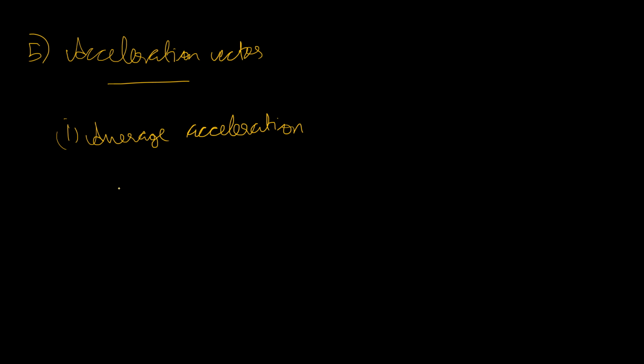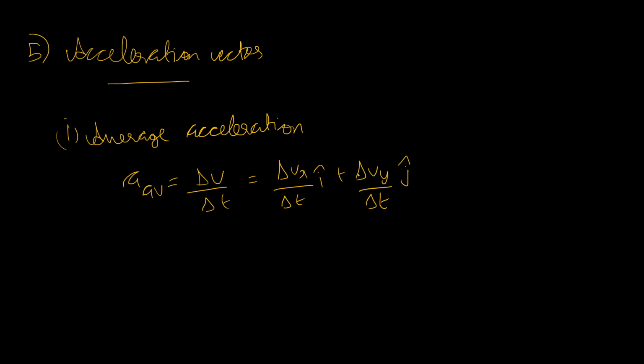That is average acceleration. We denote it as a_av equal to delta v by delta t. It is equal to delta vx by delta t i cap plus delta vy by delta t j cap. Or you can write average acceleration as the average acceleration of its x component i cap plus the average acceleration of its y component j cap.